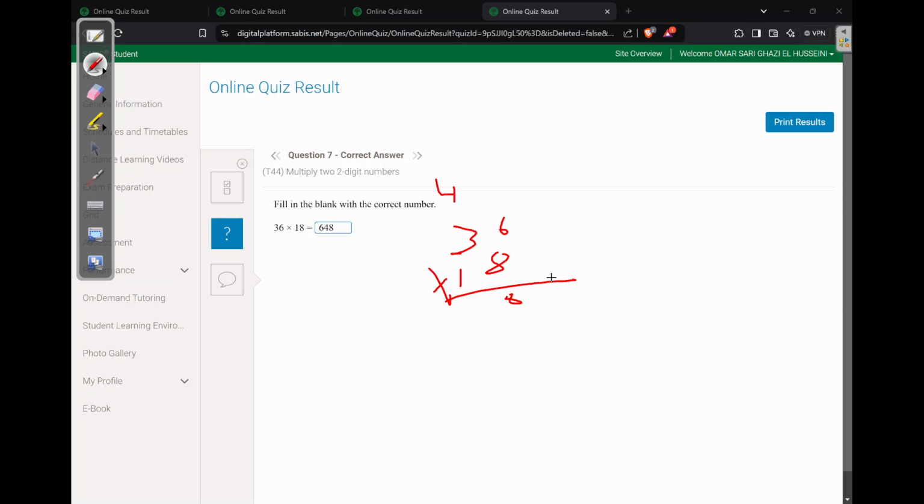We add that 2 equals 2. Okay, now 0 here. Okay, now 1 times 6 equals 6. Now that's 3 here. Plus 8 here. 4 here. 1. 6, 4, 8.